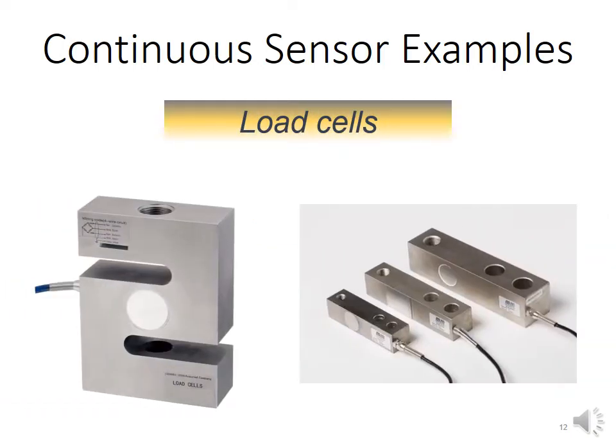Load cells. These are used in the measurement of weight. For example, the weight of a silo that stores raw materials in a manufacturing plant. Another example is the weight of a weigh bridge. Weigh bridges can be found at such places as entrances into and exits from companies.